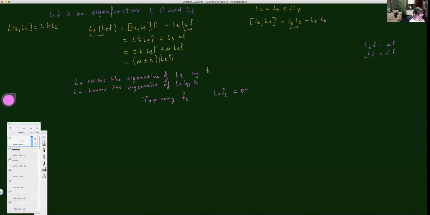All right. So let's let h bar times l be the eigenvalue of Lz at that top rung.